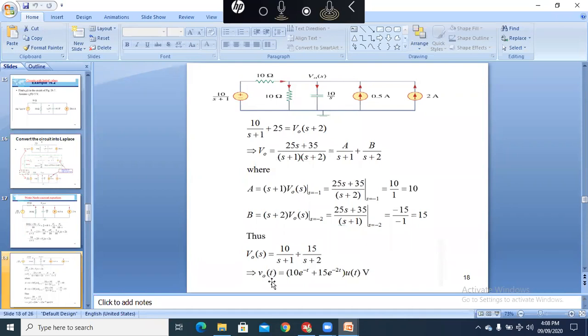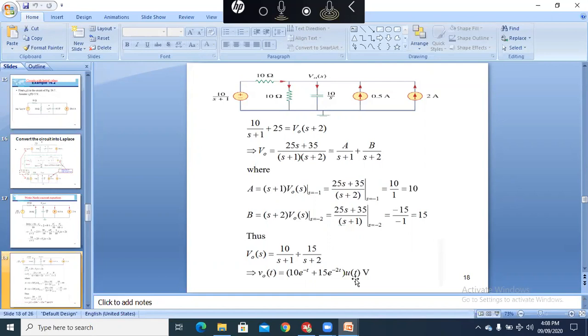So V naught of t is equal to 10 e to the minus t, because the value of a is 1, plus 15 e to the minus 2t, because the value of a is 2, and both are decaying exponentials, so that is multiplied by u of t.